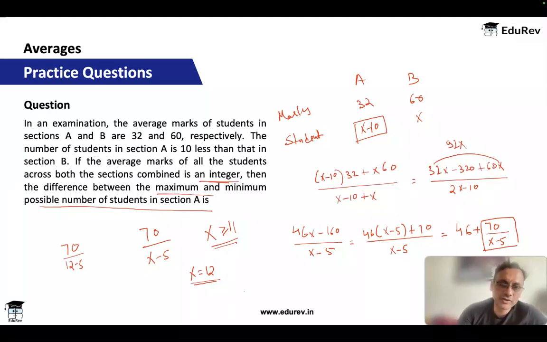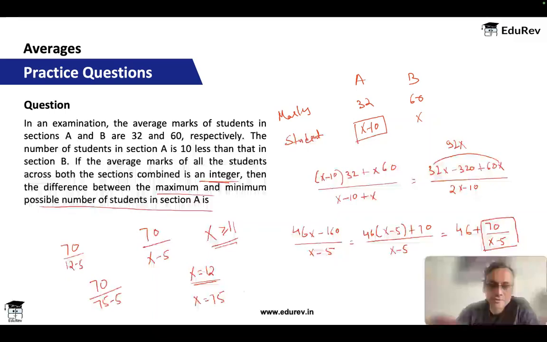Obviously, for 70 upon x minus 5 to be an integer, x cannot be more than 75. If it is 75, then your denominator will be 70 upon 75 minus 5, which will be 70 upon 70, which will be 1. So the highest possible value of x is 75.